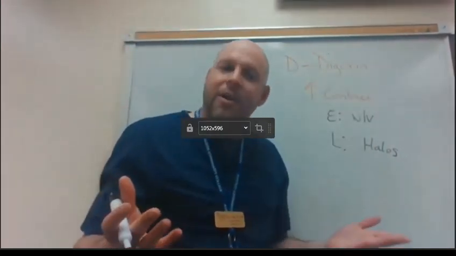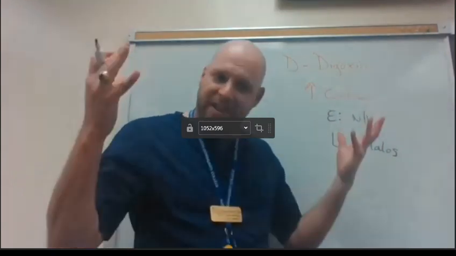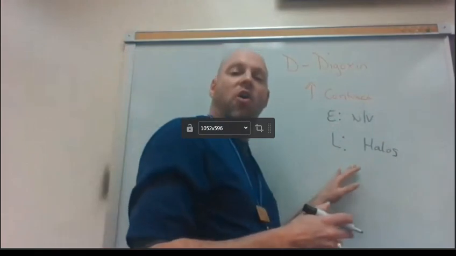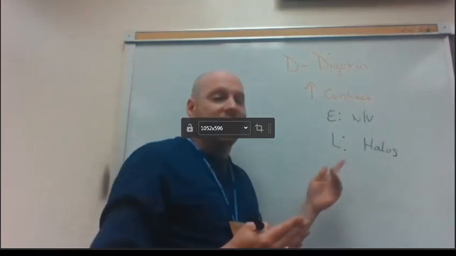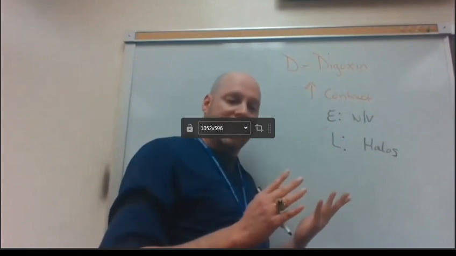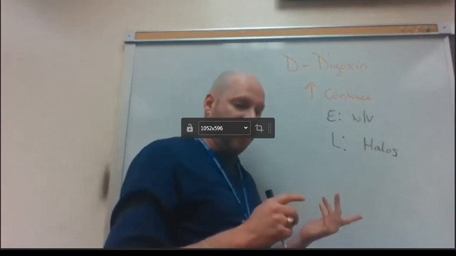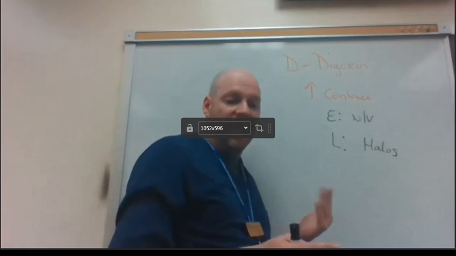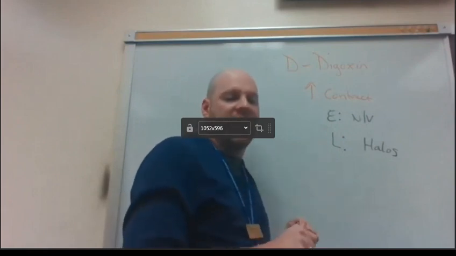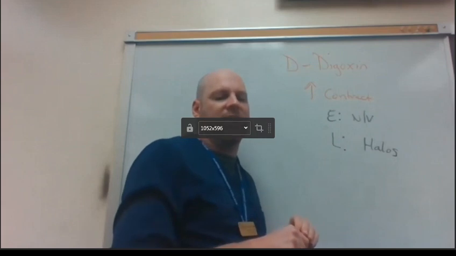When I look at you, you look like an angel because you have a halo around your head, okay? So please remember there are early and late signs and symptoms, so please read carefully. They may want early, they may want late. So please know, nausea and vomiting is early, visual halos is late.